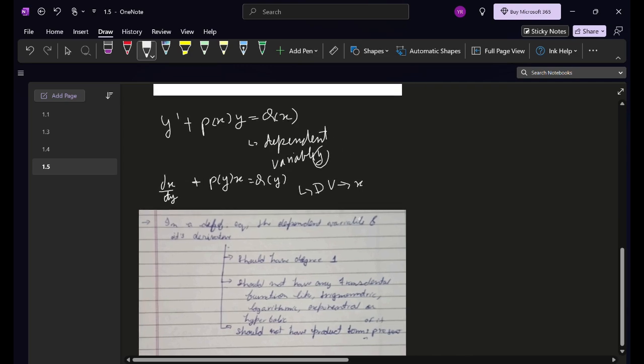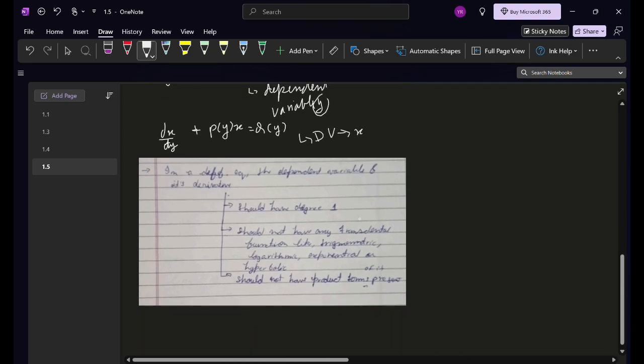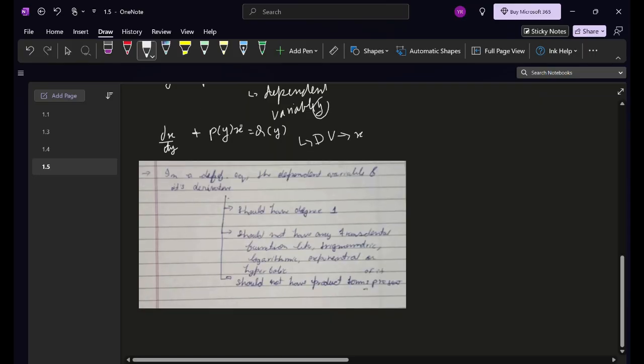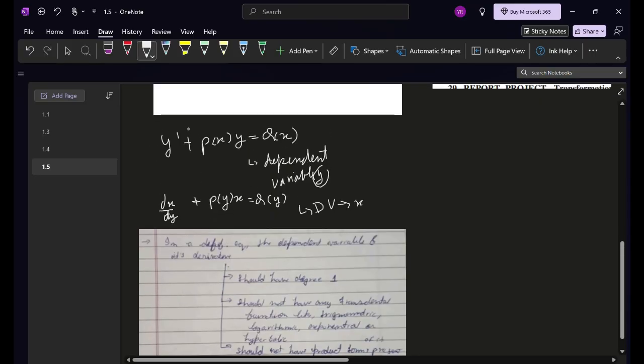So what does it mean to be a linear ODE? A linear differential equation is one where the dependent variable, which in this case is y, has a degree of 1. The degree of the dependent variable and its derivatives, like y', y'', and so on, must all be 1 if they are present in the equation.